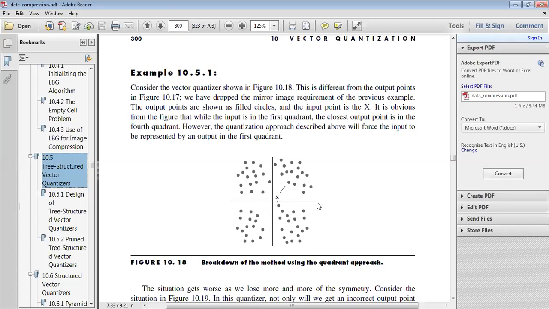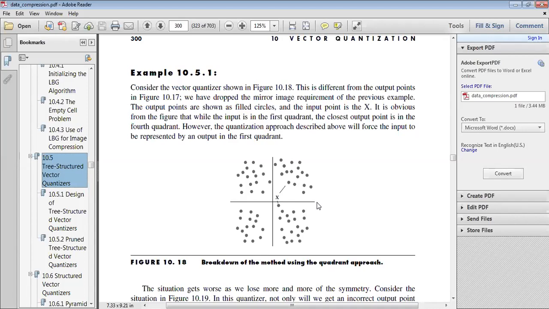Means data available in one quadrant are not symmetrical with the data available in the second, third, fourth quadrant. In the same way, data available in second quadrant are not symmetrical with the 1, 3, 4 quadrant.